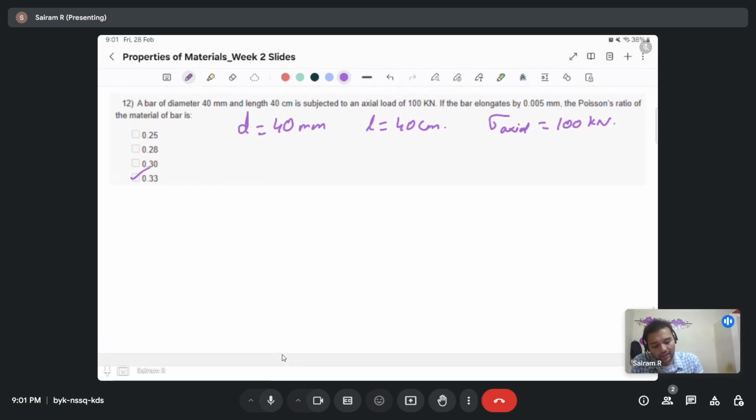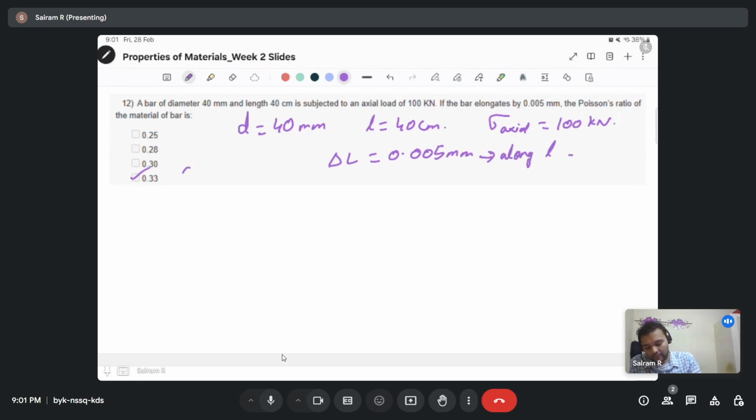So the bar elongates, so we know that del L equals 0.005 mm, and it is elongating along the length.